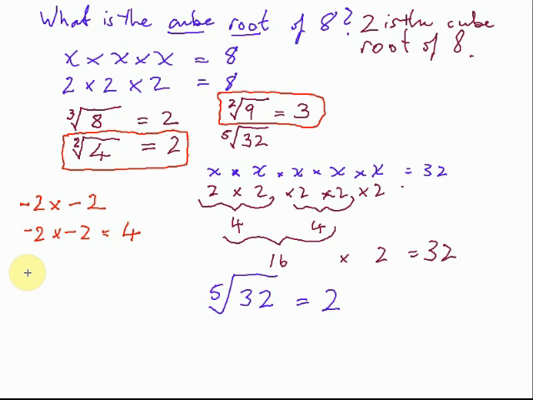So what we should really say up here is that the square root of 4 is equal to 2, or it might be equal to negative 2. We just don't know, because both 2 and negative 2, when multiplied by themselves, give 4.